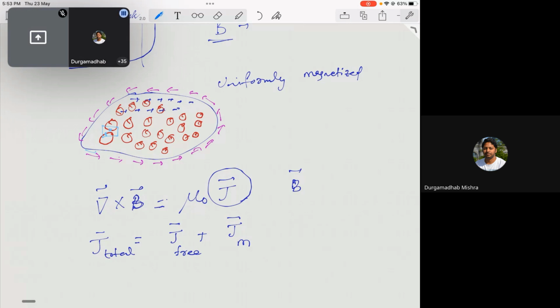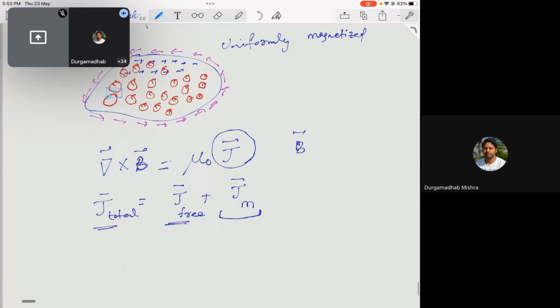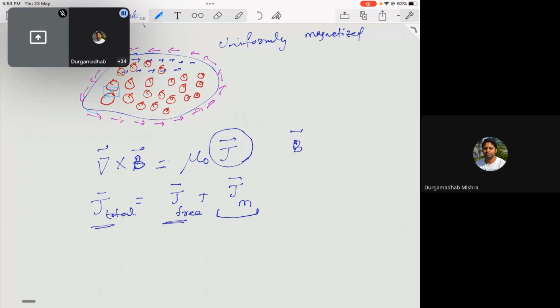So how do I incorporate this information into Ampere's law? I will write J as the total current density. This is the free current density, of course, from any wire. But if I have a material, I will have dipole moments which can give rise to a current density as well, similar to a current loop that we saw, and that can give rise to a magnetic field as well.